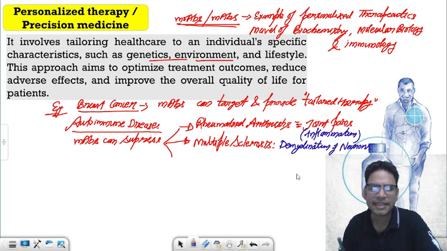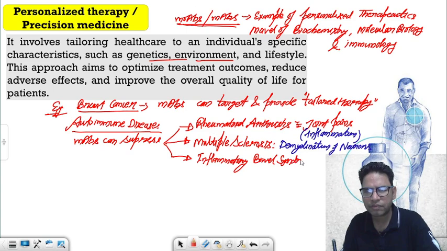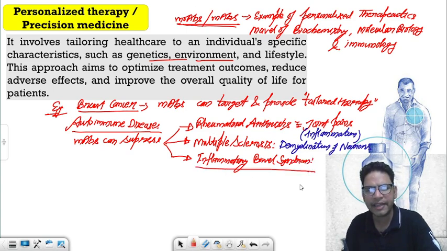Another, last example, though there are many. You must be knowing about inflammatory bowel syndrome, which is also in the news many times. It is characterized by inflammation of the GIT, the gastrointestinal tract. It can be of two types.